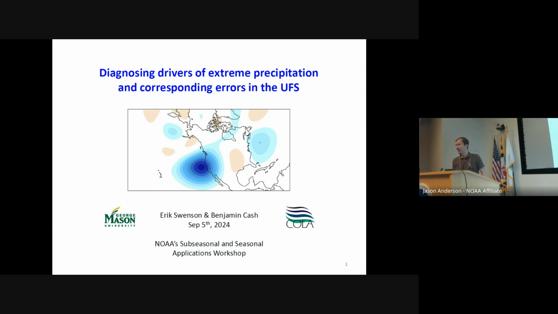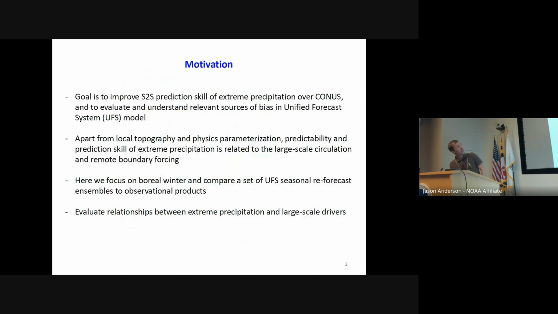This is some work on UFS reforecasts I did with Ben Cash, also with Julian, whom I neglected on the slide here. Our ultimate motivation is to improve S2S prediction skill.